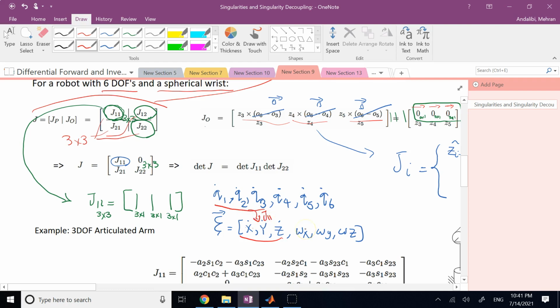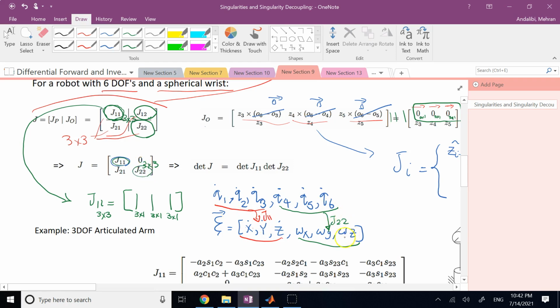What is J22? J22 is the effect of the last 3 joint velocities on what? On the angular velocities of the end effector. So this is determined by the columns of J22, right? J11 is talking about linear position and velocity.